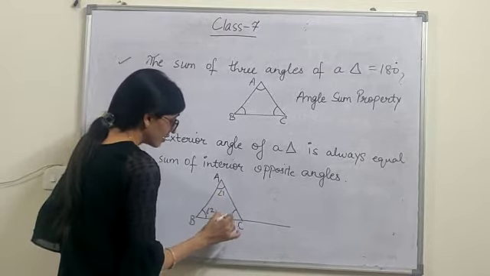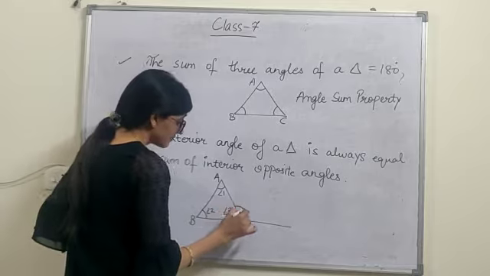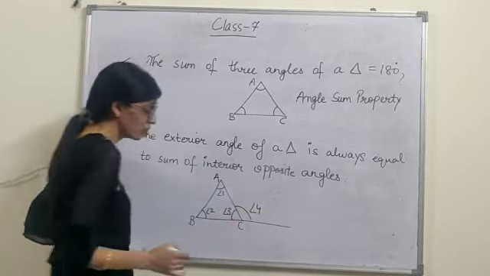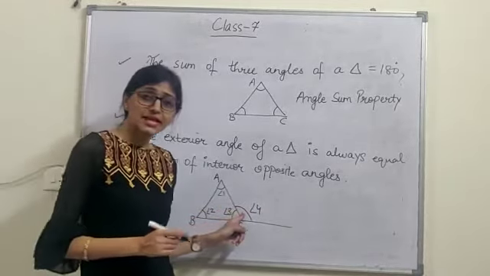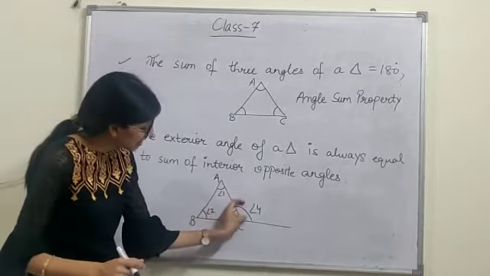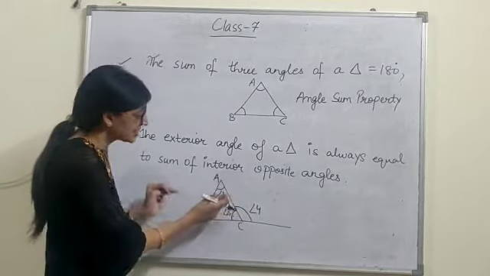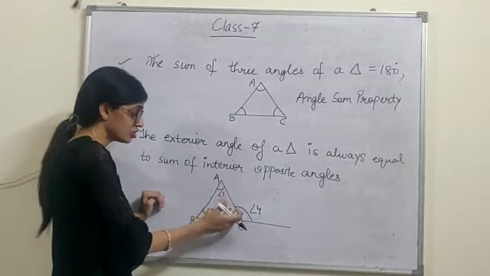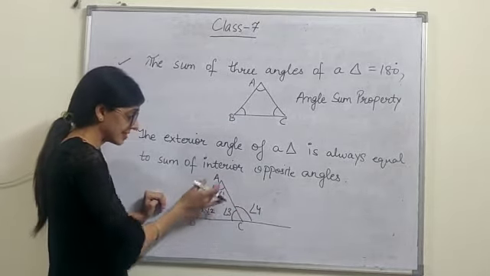the triangle A, B, C, and this is exterior angle 4. This is on the external side of the triangle, so this is the exterior angle. So this angle is equal to the sum of interior but opposite, not adjacent, opposite angles.